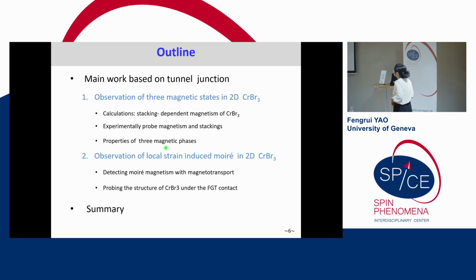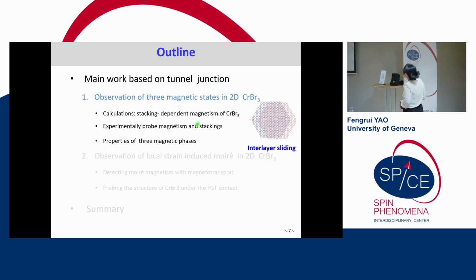One is that we observe multiple magnetic states in chromium tribromide, which can be realized by stackings with different interlayer sliding.